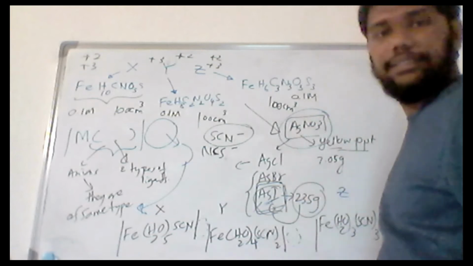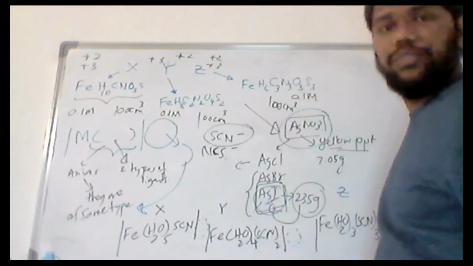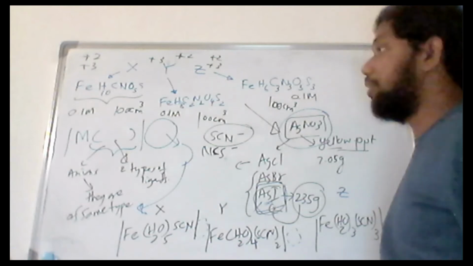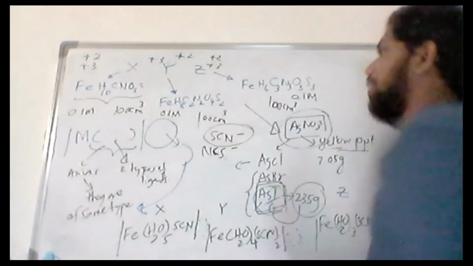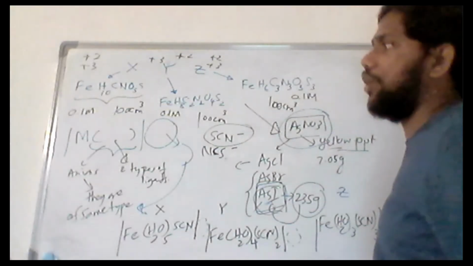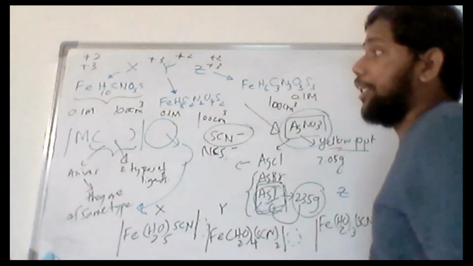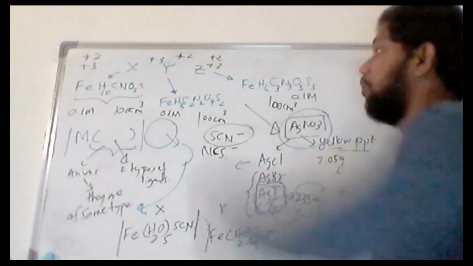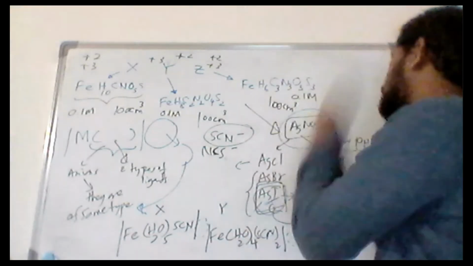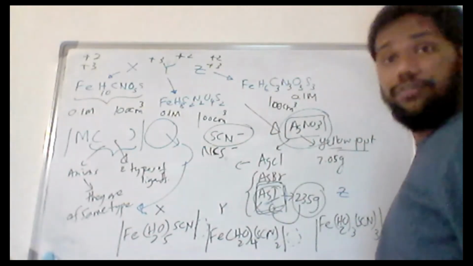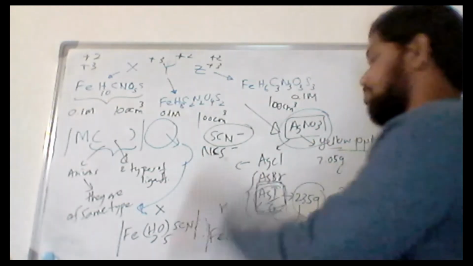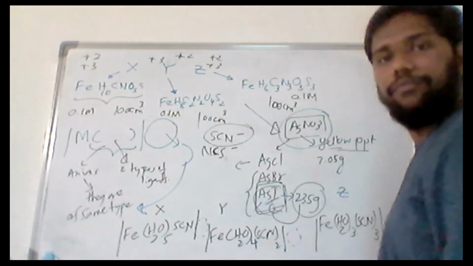So how to get that? The simplest way to get this as an idea, you count the number of moles of these 3. This one will be 100 into 0.1 into 10 to the power minus 3. So all these are same. Each moles are same. And then you try to get the number of moles of AgI, which should be equal to the number of moles of I minus that is given from these. Because it should be same, right?